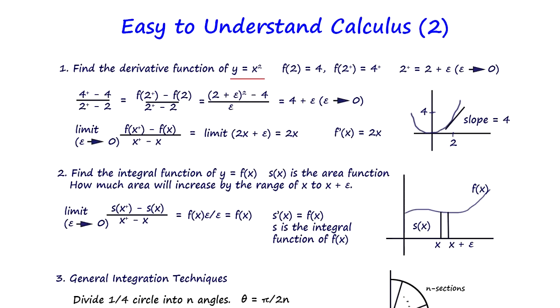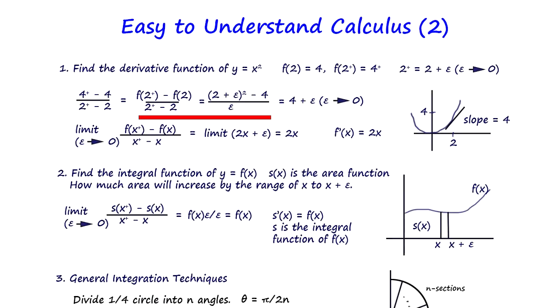Say if we have y equals x squared and we give x an infinitesimal number, 2 plus epsilon, then f(2 plus epsilon) minus f(2). The infinitesimally small number is 2 plus epsilon. This epsilon can go to 0.